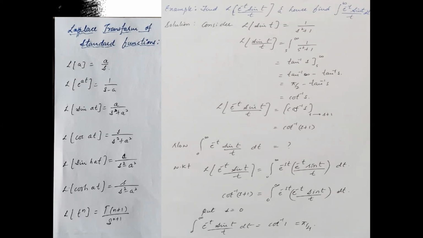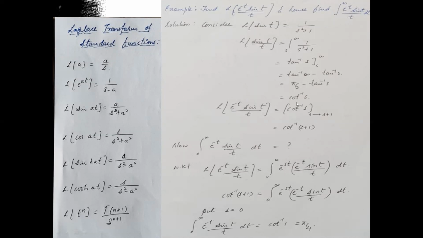So we have the Laplace transform of sin t divided by t is cot inverse s. Now the Laplace transform of, we want e raised to minus t into sin t divided by t. Now considering sin t by t as f of t, we can think of it as the case of e raised to at into f of t.